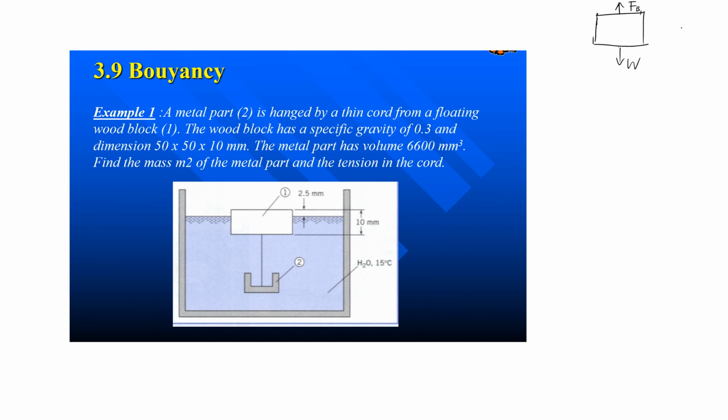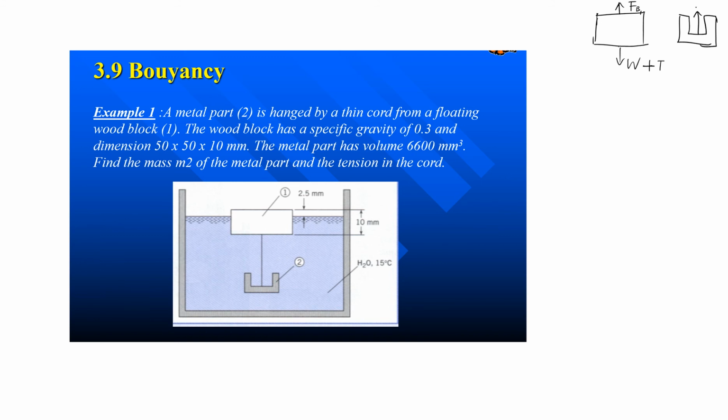This buoyant force is going up, to ensure that the wood is floating. I forgot about the tension. For the wood block, we also have tension, and this tension is also going down.